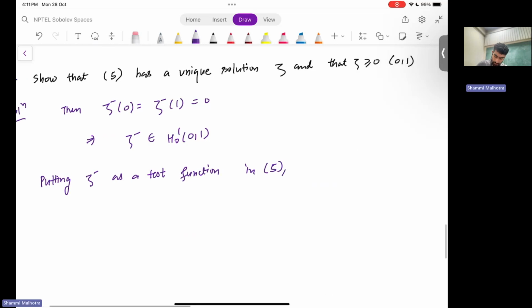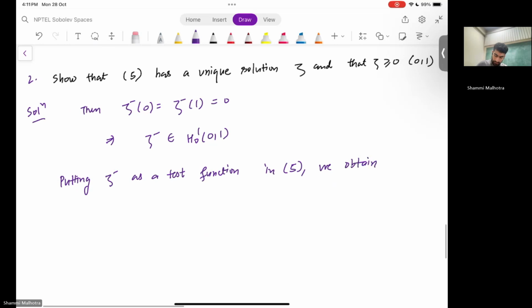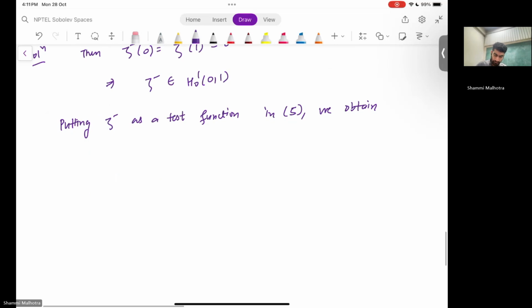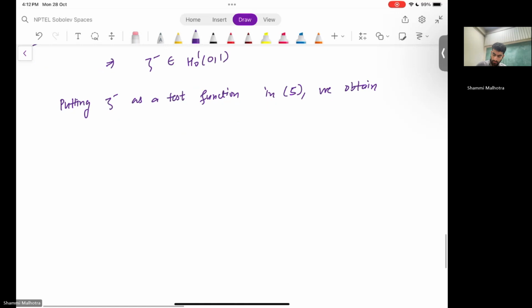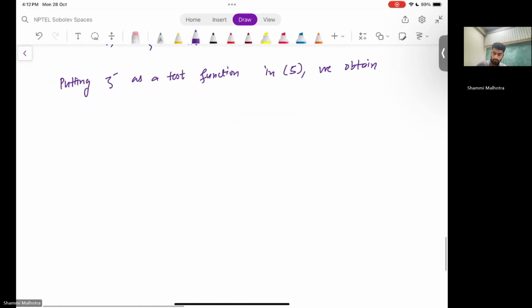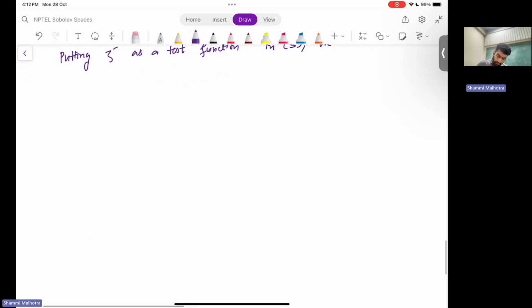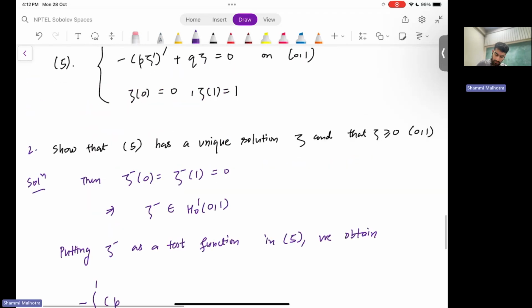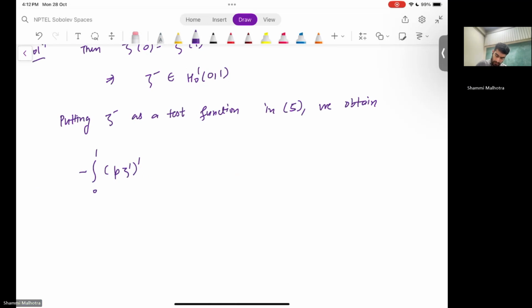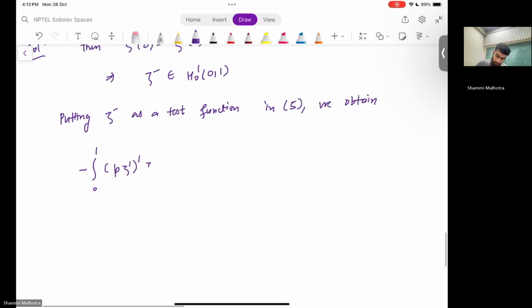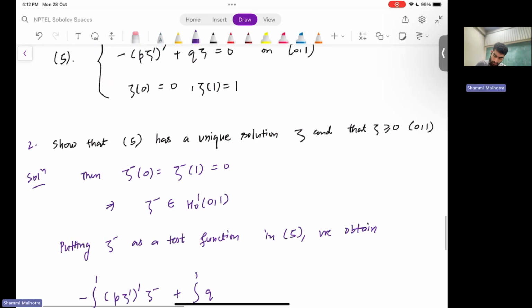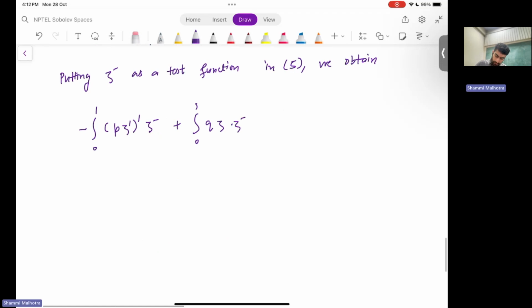In 5 we obtain minus integration 0 to 1 of (p times zeta dash) whole dash into zeta minus plus integration 0 to 1 of q zeta into zeta minus equal to 0.